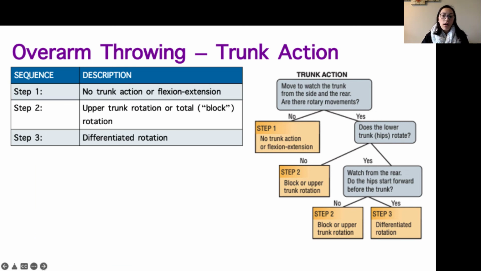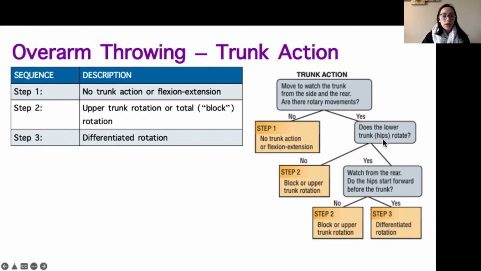If there are rotary movements, so we say yes to the first question, then we ask, does the lower trunk or hips rotate? If the answer is no, we would say the thrower is in step 2 of our developmental sequence, particularly emphasis on upper trunk rotation.